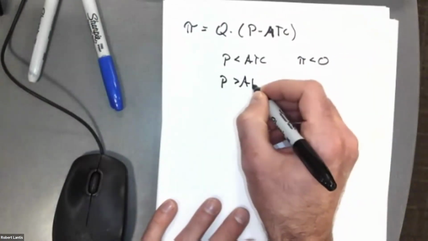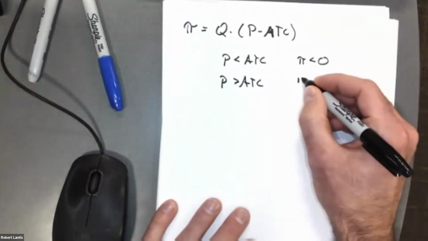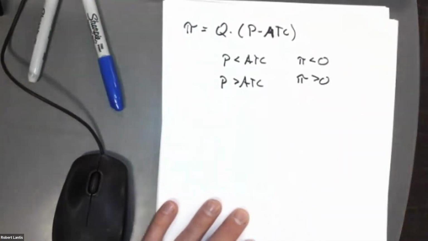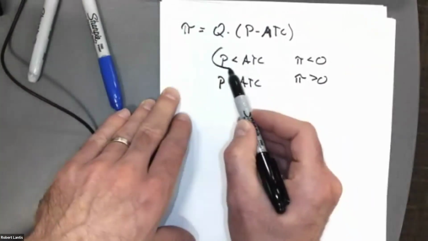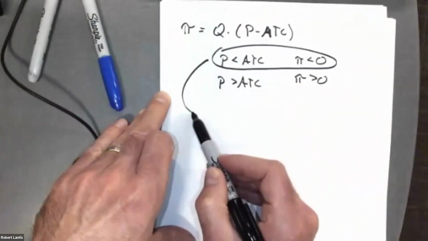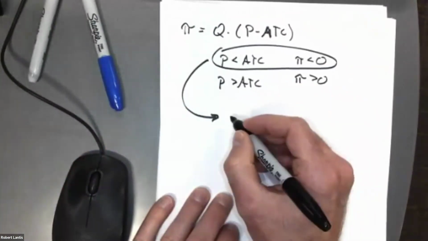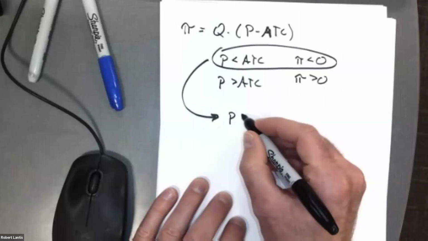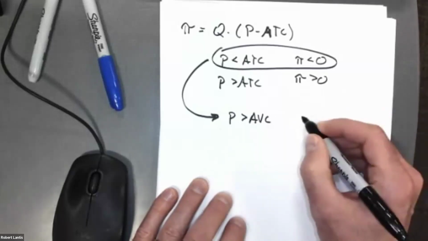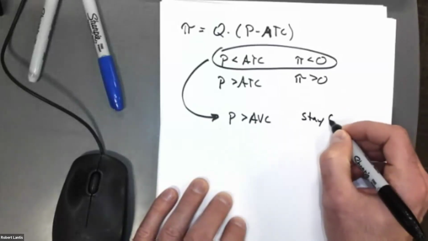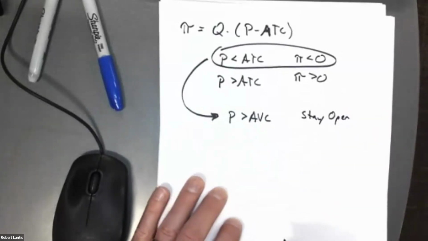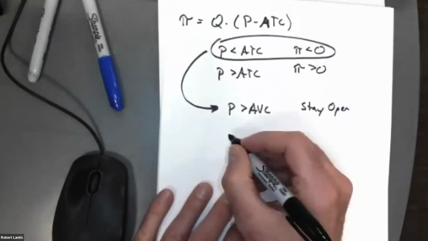If price is ever above our average total cost at that profit maximizing quantity, we had profits being positive. But if profits are negative, we have another decision to make, which is if price is above average variable cost, we should stay open. Our profits from staying open will be greater than our profits from shutting down.